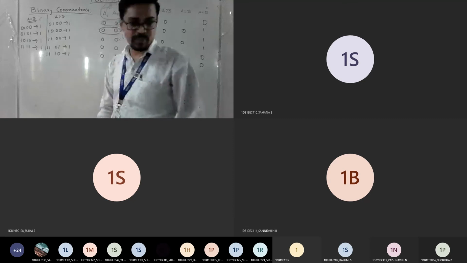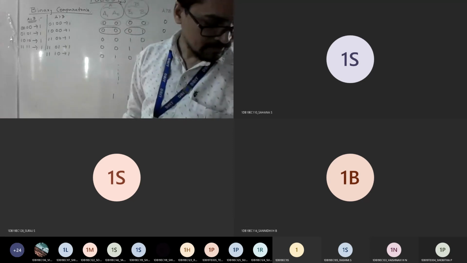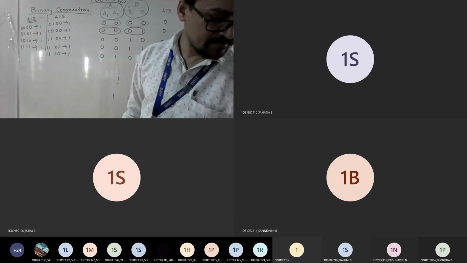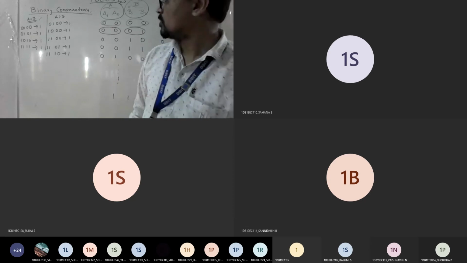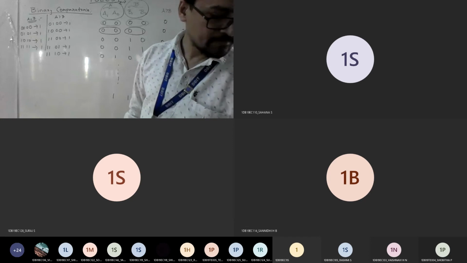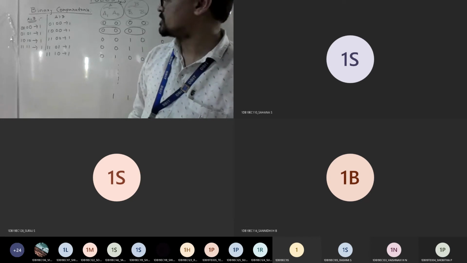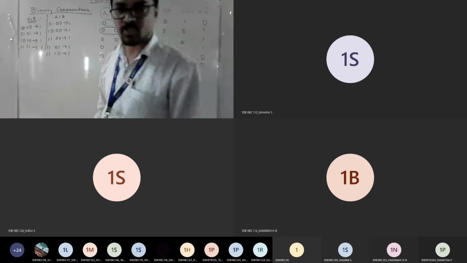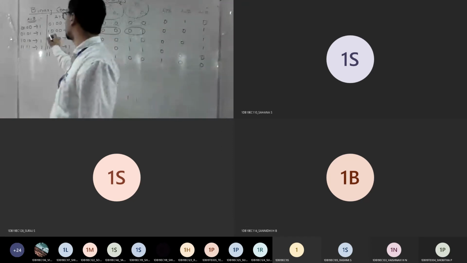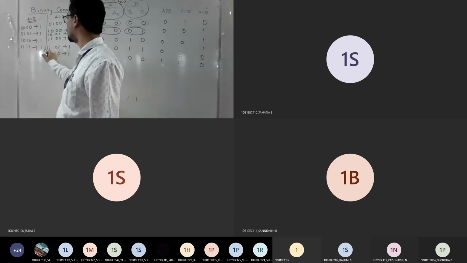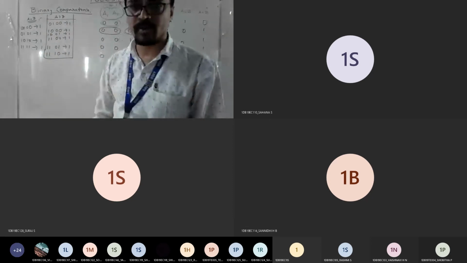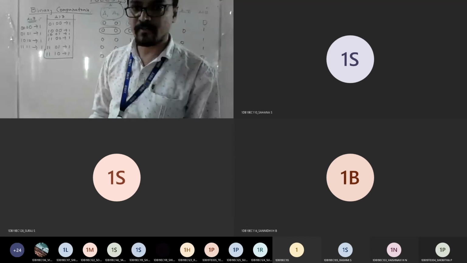So we'll get 5 combinations for A greater than B. Any other combination left out here? 1 1 0 0 done. So how about 1 0? One more combination, right? 1 0 0 1 is also 1. So totally you'll get 6 combinations for A greater than B.